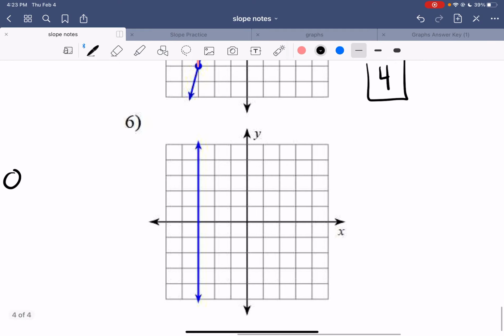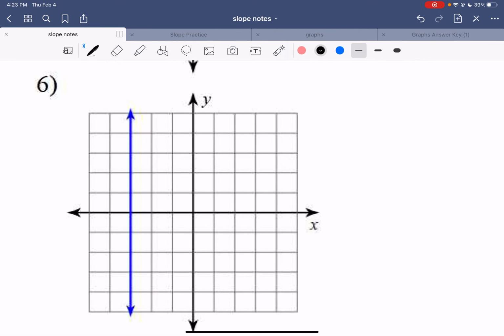Okay, and our last one, number 6. So remember, this is going to be our undefined slope.